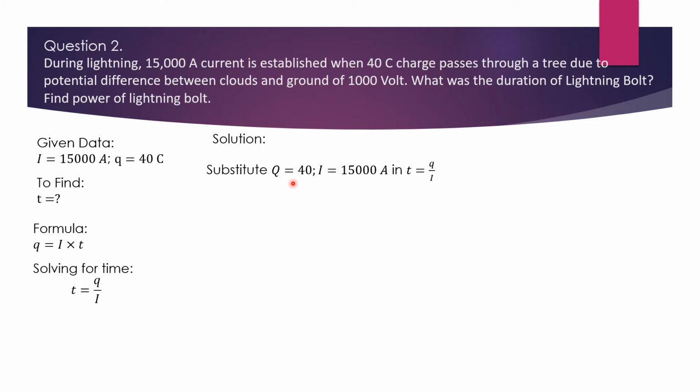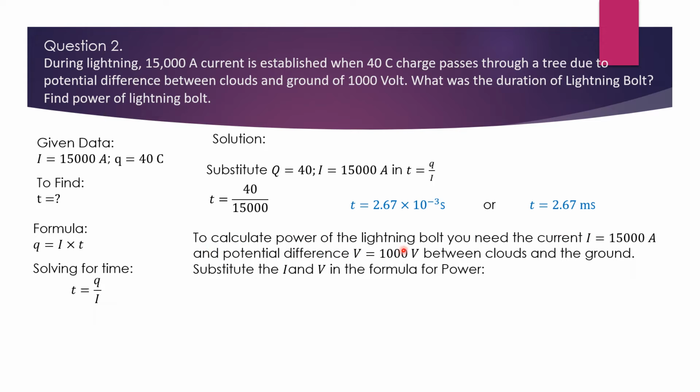Substitute Q is equal to 40, I is equal to 15,000 ampere. So T is equal to 40 divided by 15,000. Calculating this results in 2.67 into 10 power minus 3 seconds. This is a very small time, or it can be written as T is equal to 2.67 milliseconds.